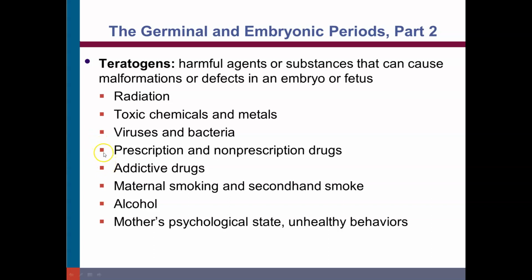Things like prescription and non-prescription drugs, addictive drugs, so what the mother may be taking as she's pregnant with the child. Things like smoking, alcohol. And this is what's surprising to most students, the mother's psychological state, her well-being.